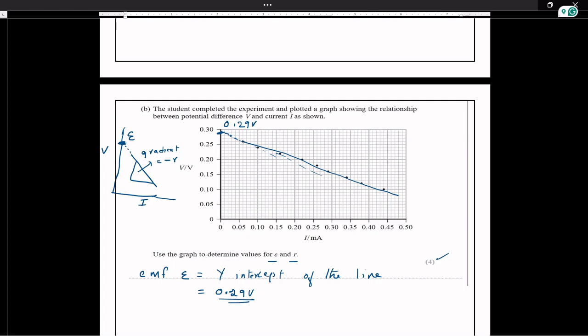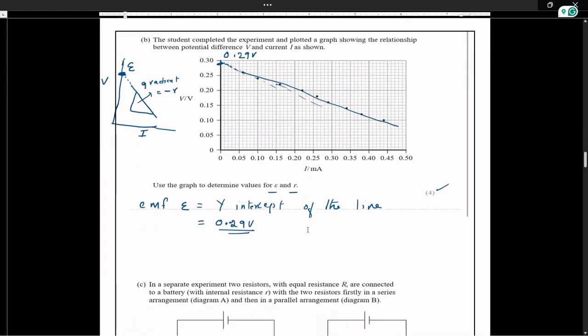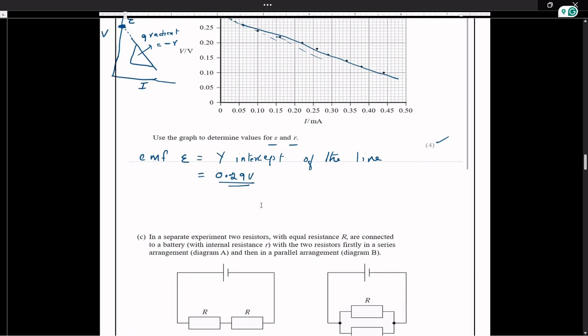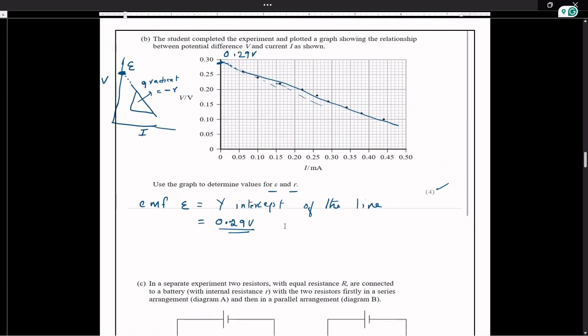So 0.29. Then the gradient is negative internal resistance. So let us find the gradient. For that, let us take any two values from the graph. So let me take a point here.